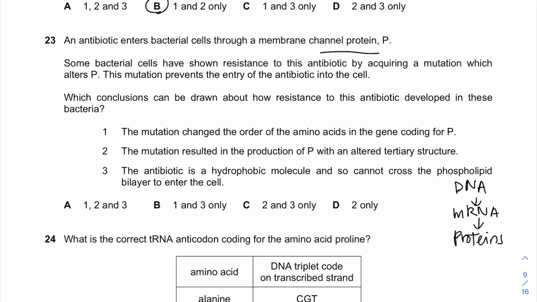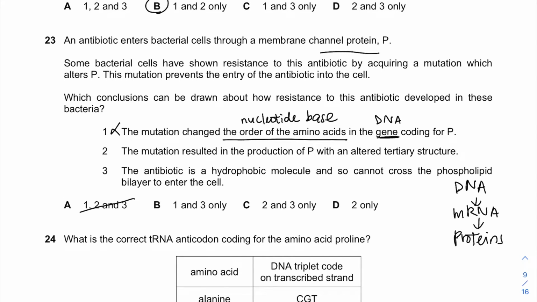No, the mutation does not change the order of the amino acids. The mutation would change the nucleotide base in the gene. So gene is made of DNA. Therefore, the nucleotide base would be changed.